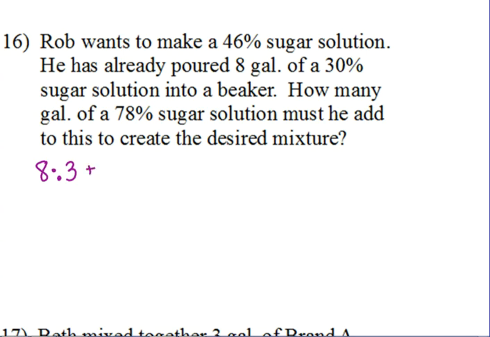Plus how many gallons, we don't know, x times 0.78, because it was 78%. So our total measurement here, we've got 8 gallons plus, we don't know how many gallons, so 8 plus x here has got to equal, we want it to be 46% sugar, so convert that percent to a decimal.